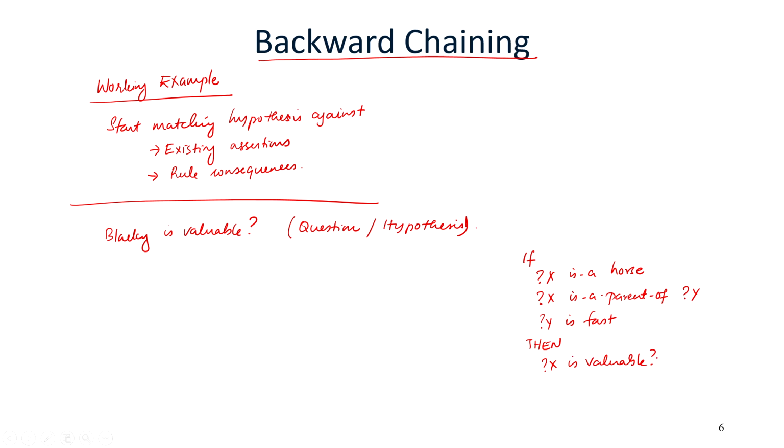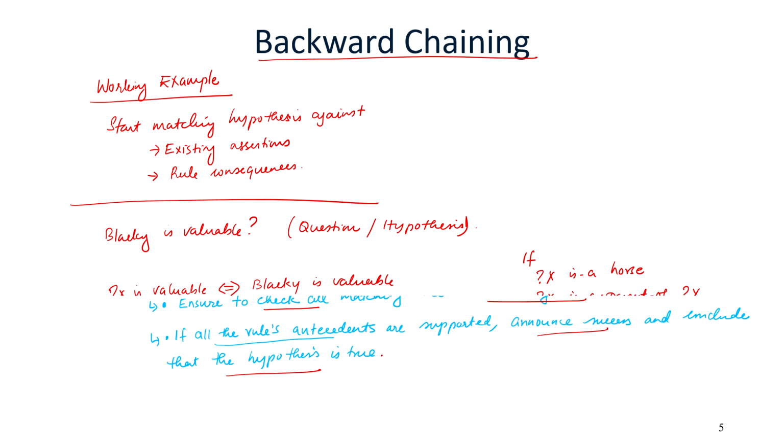The question is Blackie is valuable. So X is valuable implies Blackie is valuable, so X is Blackie. The hypothesis is Blackie is valuable.